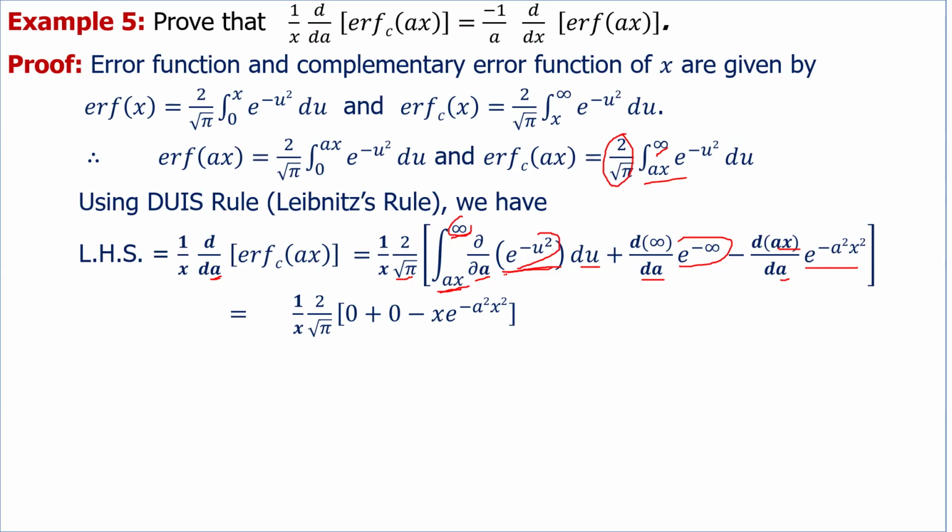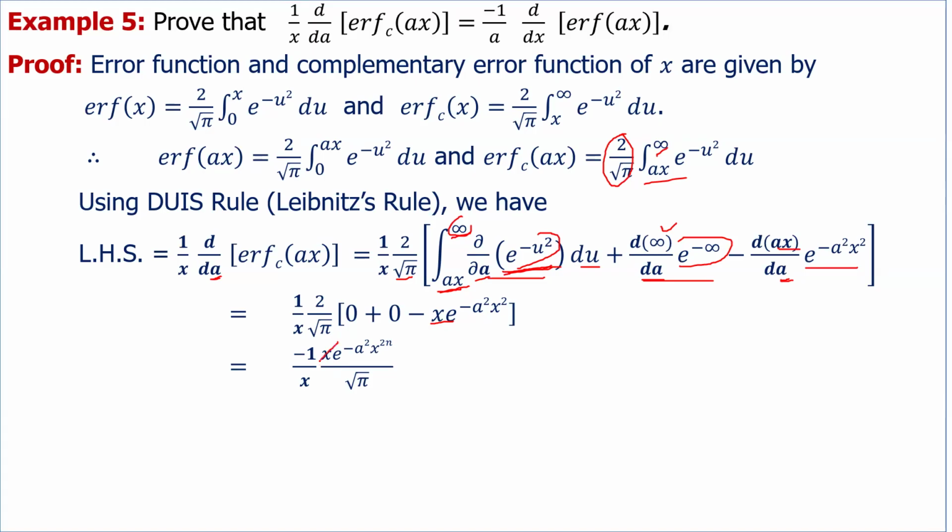Since the integrand is free from a, its derivative is 0, and the derivative of a constant is also 0, so the second part is also 0. Minus the derivative of ax with respect to a, which is x, times e to the power minus a square x square. Simplifying, minus 1 upon x into x e to the power minus a square x square.